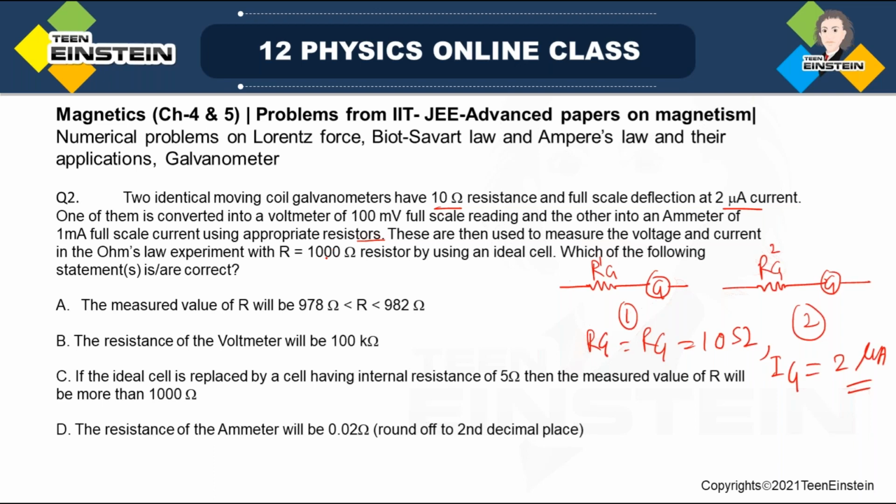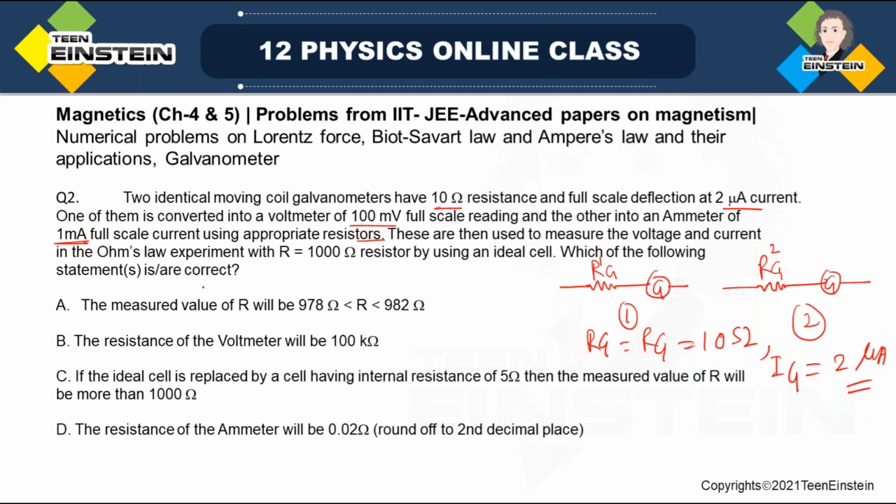See, now here also the question is related to conversion of a galvanometer into a voltmeter and an ammeter. Okay, so both are identical galvanometers. So one among them is converted into a voltmeter of maximum range 100 millivolt, and the other one is converted into an ammeter of maximum range 1 milliampere.